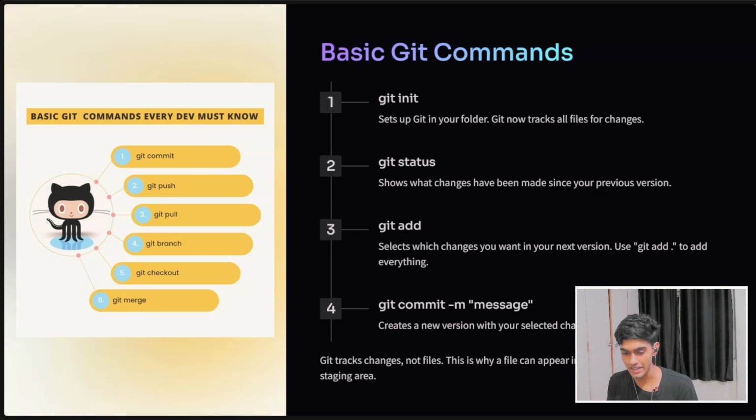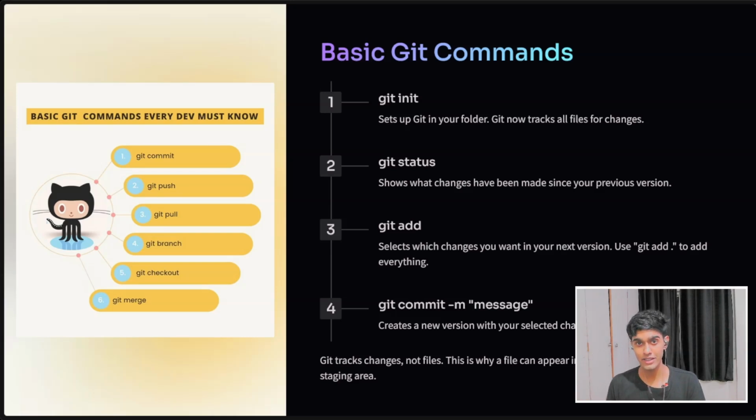And git add is adding a specific file, or let's suppose you have 100 files and you want to add only 10 of those to git version control. You can do that using git add. And git commit, you can refer to commit as a version. When you do git commit, you are committing a new version of your code to git. And that's all about the theory.